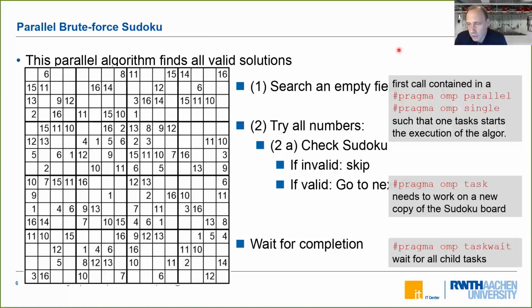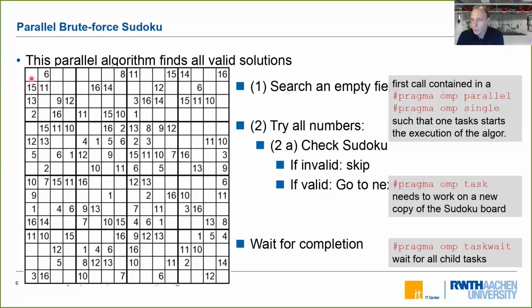That might sound strange, but if you remember, that single gives us one thread that executes the body of this construct, and the others will jump around and wait at the end of a so-called implied barrier. So the idea is that we have a team of threads available for the parallel execution. But at this point, we have only a single thread that starts the execution of our algorithm, because we need one thread or task to start at the first empty field.